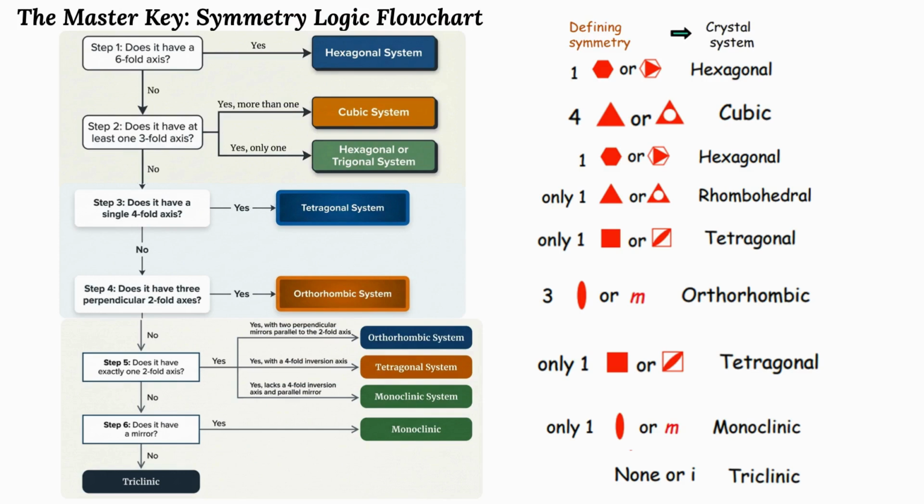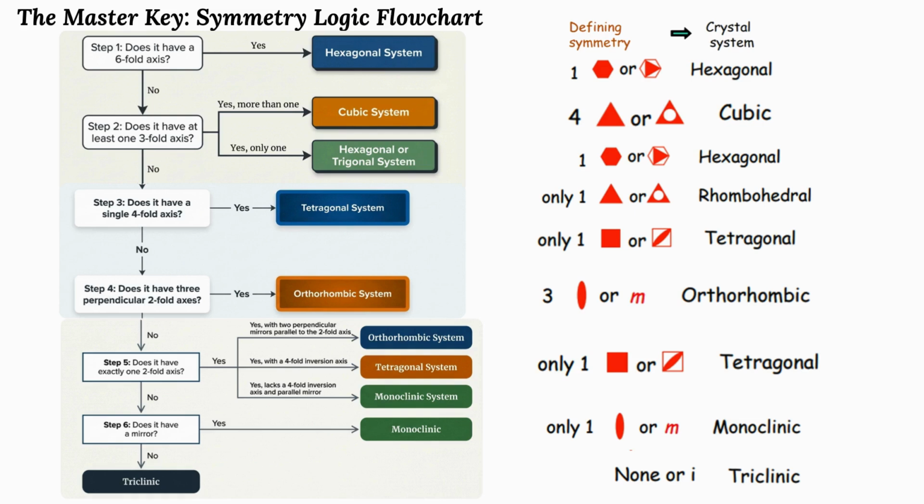So finally we can use this master key to find the symmetry of different point groups. This is a master key using a symmetry logic flow sheet. First we check whether it has sixfold. If yes, then it is hexagonal.